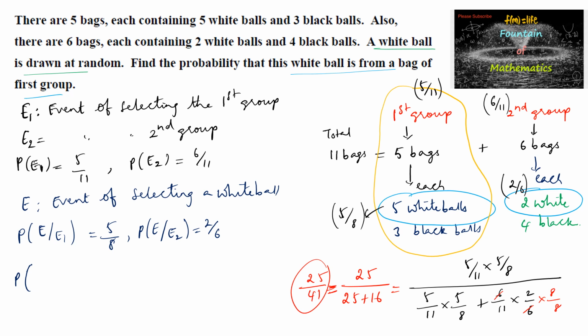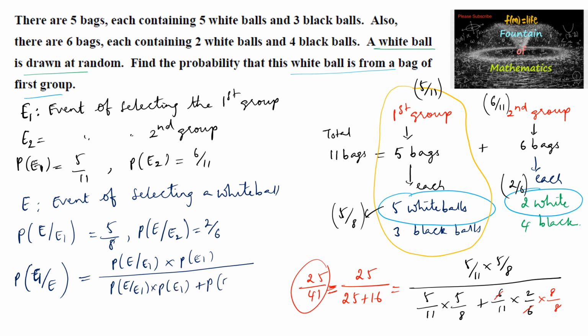Finding the probability that this white ball is from a bag of the first group means, given the white ball we need to get it from the first group, that is E1. Probability of E1 given E is equal to P of E given E1 into probability of E1, divided by probability of E given E1 into probability of E1 plus probability of E given E2 into probability of E2.